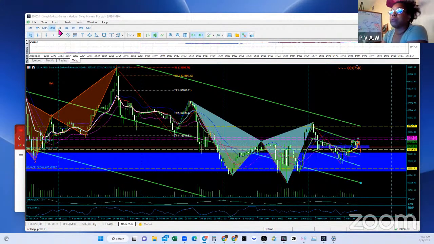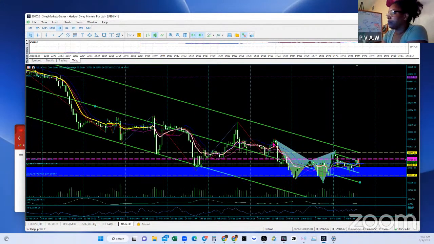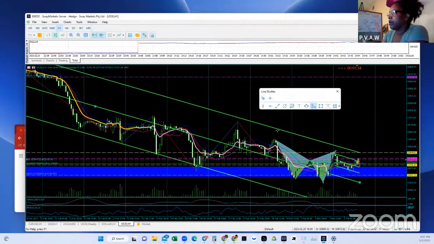So then I went to the H1 chart. Oh, look at that. That's a nice M right there. Let me bring this down. Here we go. I'm going to change the color of this.